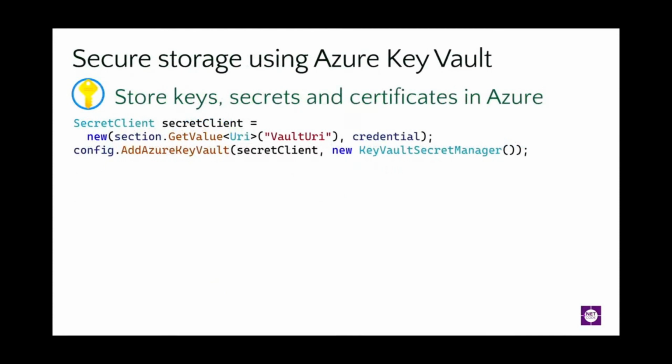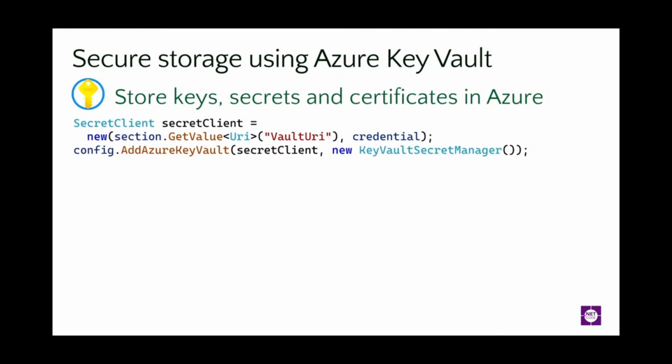Now for Azure Key Vault, that's a really nice place to store all your secrets, especially in pre-production and production, because it's dedicated to that. There's HashiCorp Vault, there's one from AWS, there's also a vault. I haven't used them myself, but same thing, right? They would have providers to allow you to connect to those. What would you do? Well, it's AddAzureKeyVault.